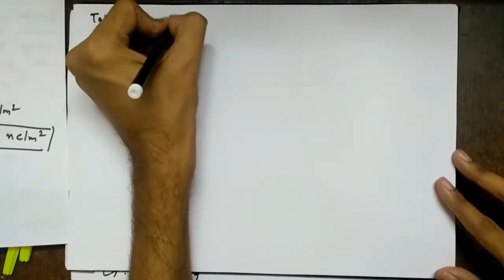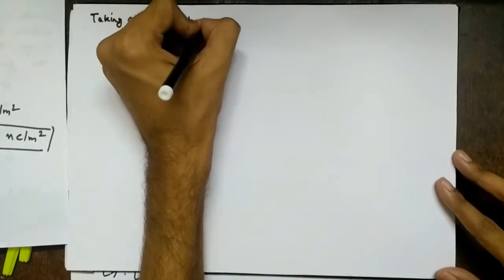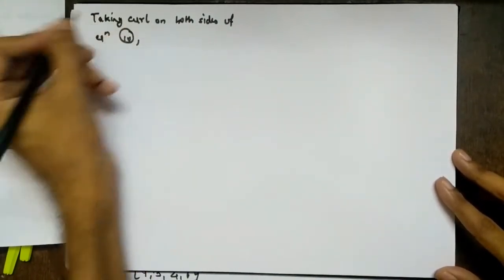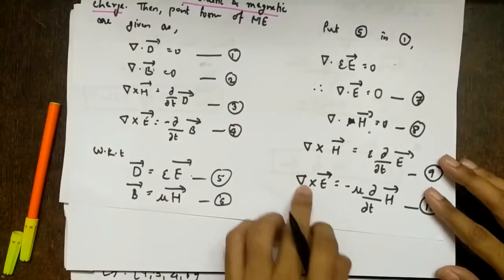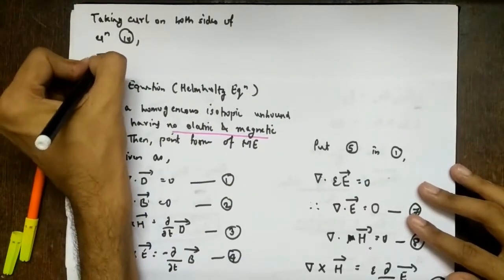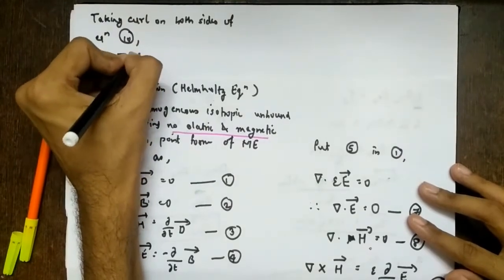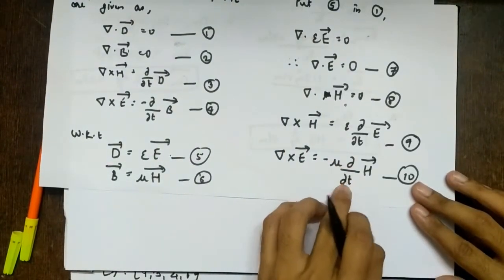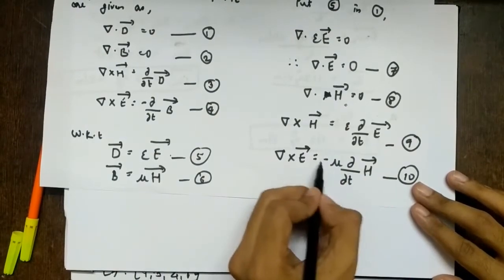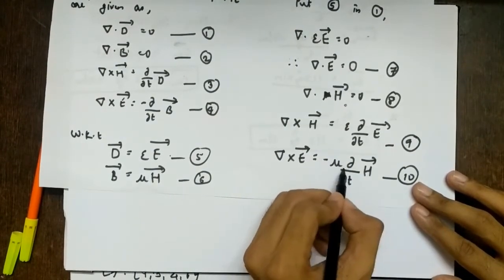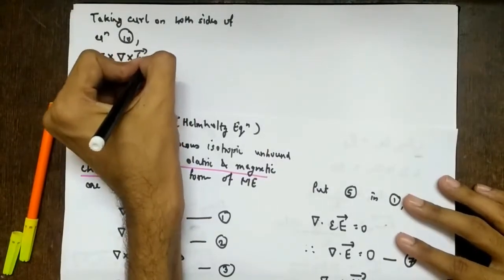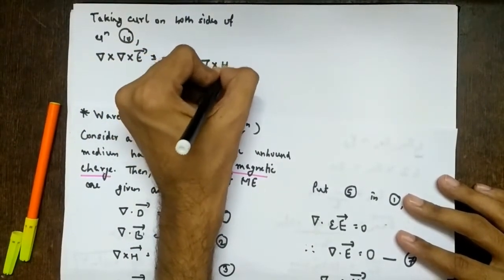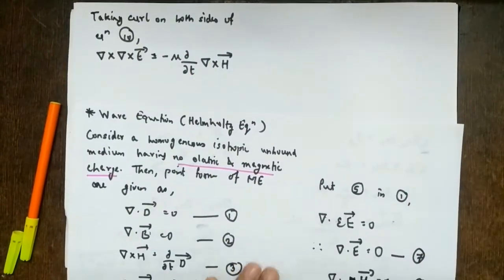So taking curl on both sides of equation 10, we have del cross E. It becomes del cross E vector equal to minus del cross mu dou by dou t H vector. But del is a vector, and these are scalars, so I can take them outside. So this is equal to minus mu dou by dou t del cross H vector.